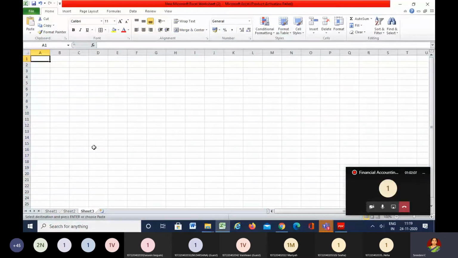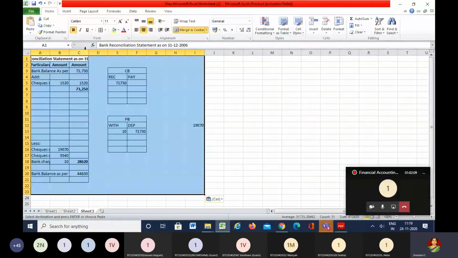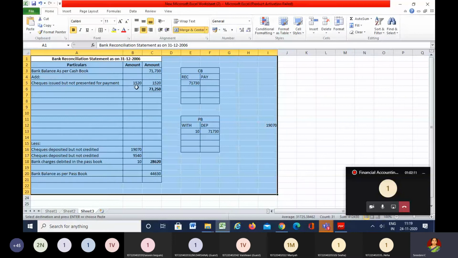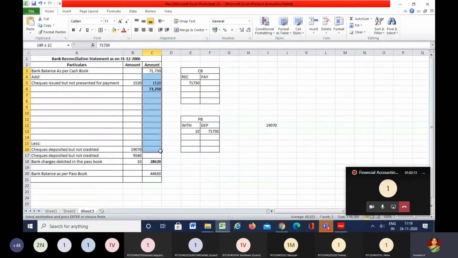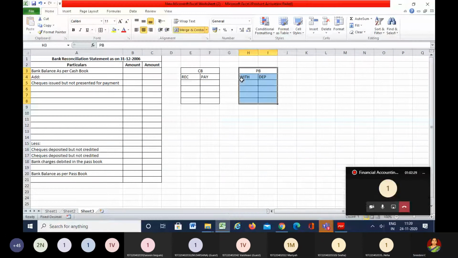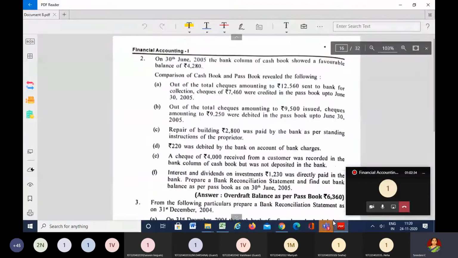So let's go to this problem now. Let me copy it, because we are doing a problem based upon the bank balance as per the cash book. Let me also bring both the books side by side. So what is the balance here? The balance is 4,280.